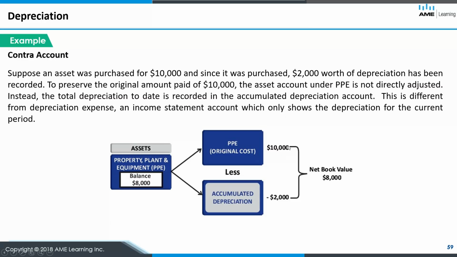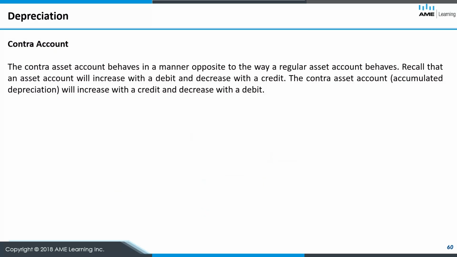So it's really just a kind of a record keeping practical method by doing this contra asset with accumulated depreciation, just to help us retain the number here, so it's easier to reference that back to historical payment and invoice information, etc.